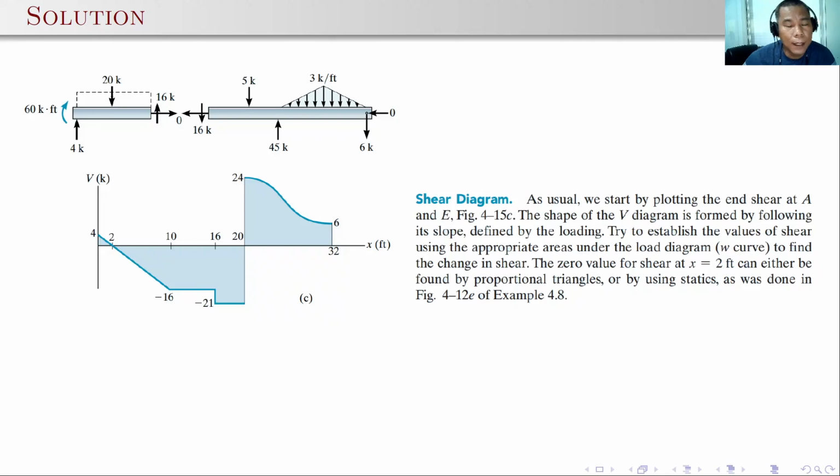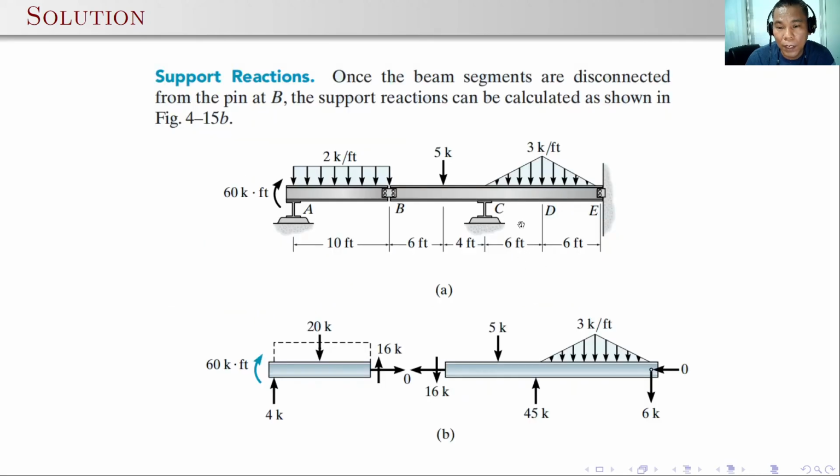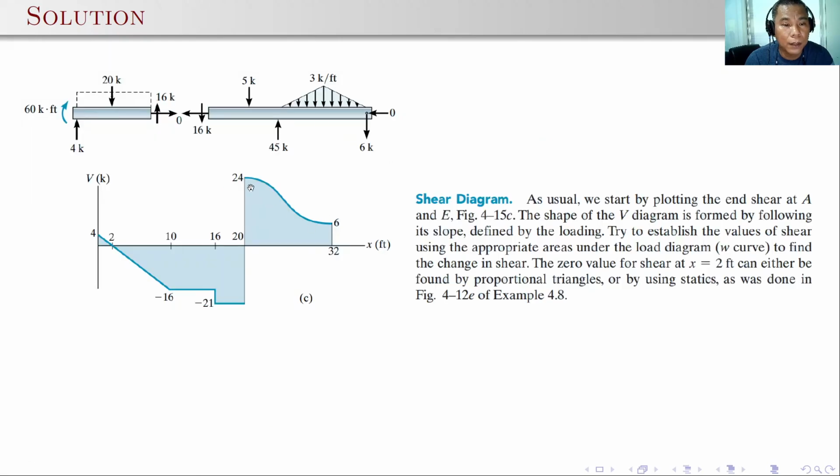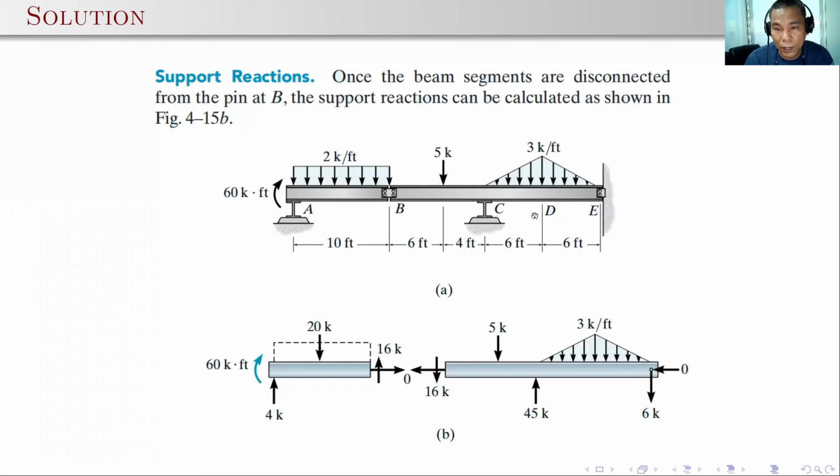And then we have a triangular loading, so that's going down, so your slope should be going down, or your shear should also be decreasing. So the loading is 1 half times 3, the height, times 12.